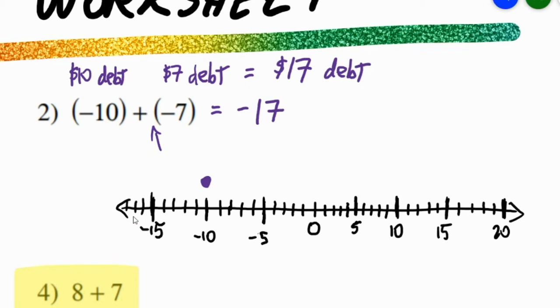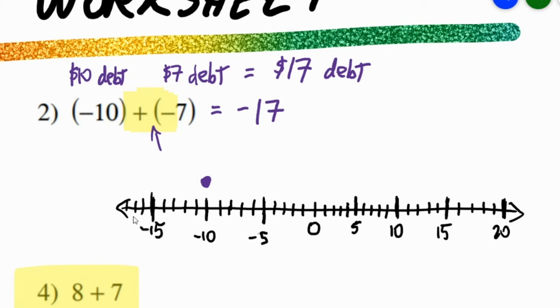On the number line, when you have this plus and this minus, and they're different, you're going down the number line. So whether you're adding a negative number or whether you're subtracting a positive number, you are moving down the number line. And of course, if they match, if they're both positive or they're both negative, then you're moving up the number line.